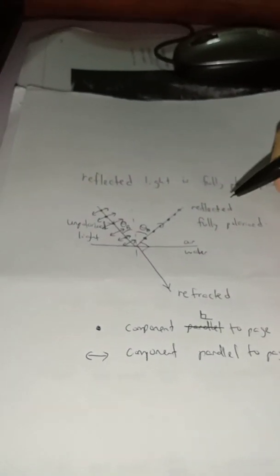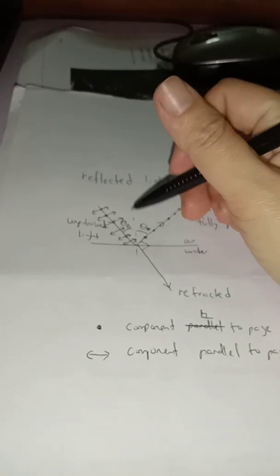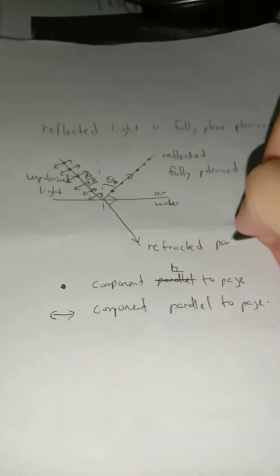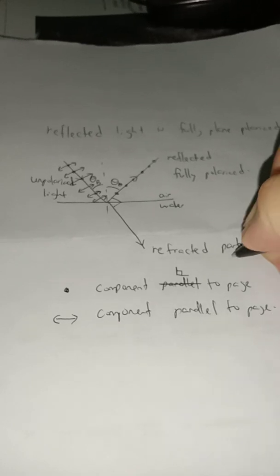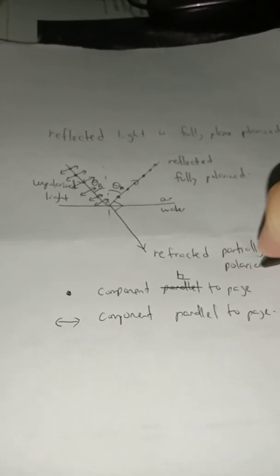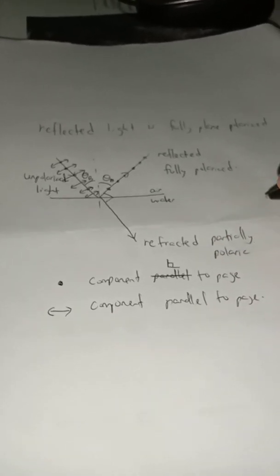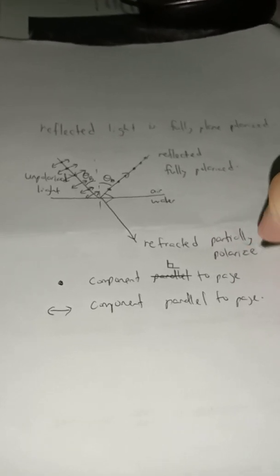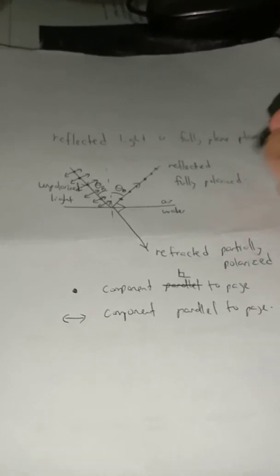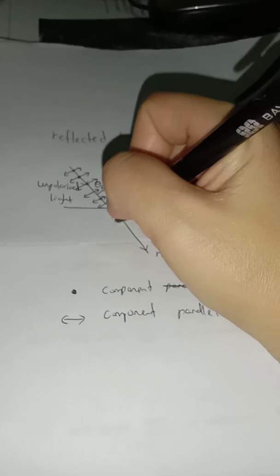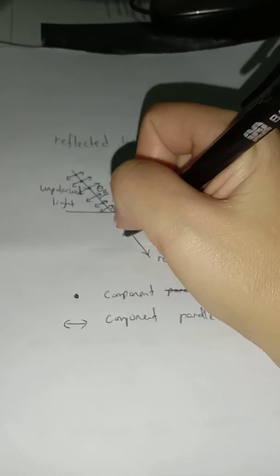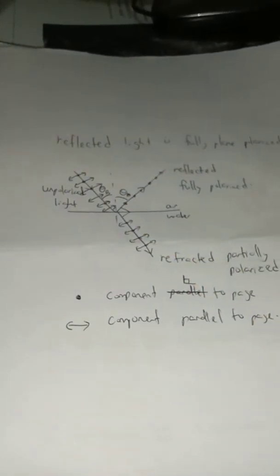Okay, and the refracted ray is partially polarized. Okay, it's partially polarized. So this one becomes half intensity.